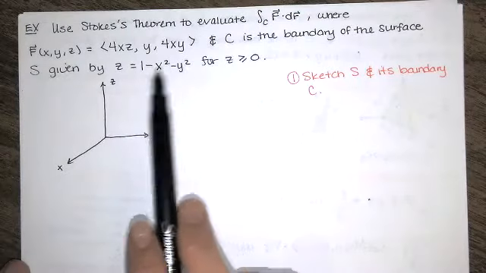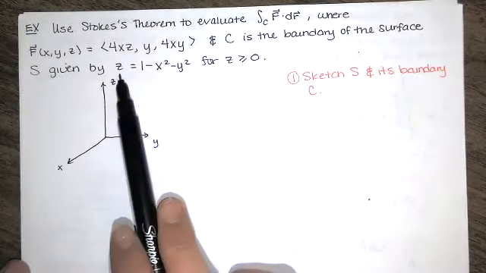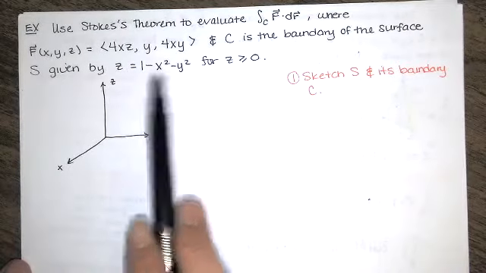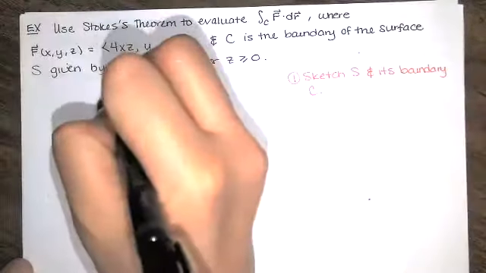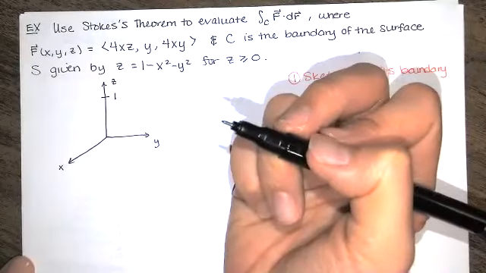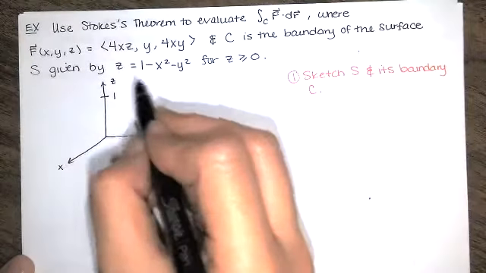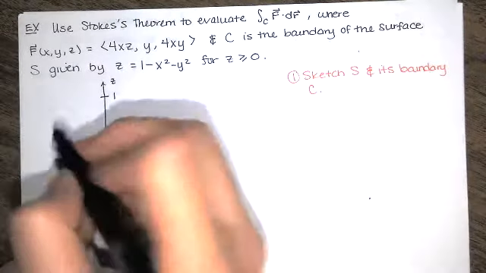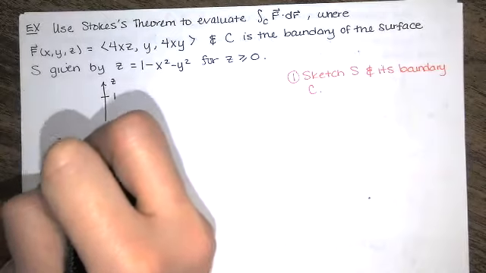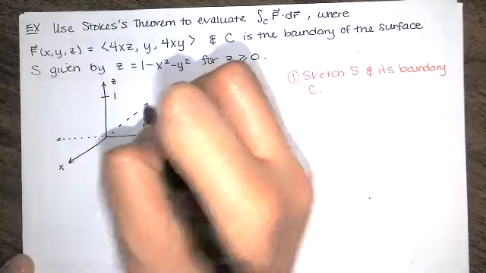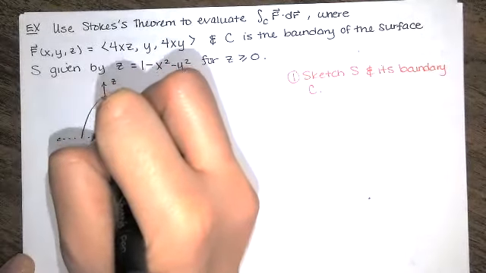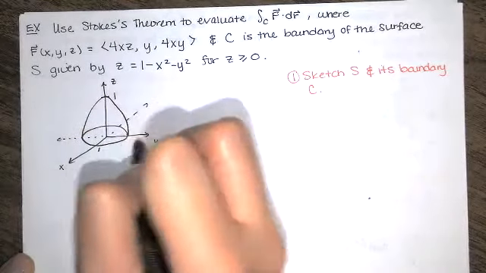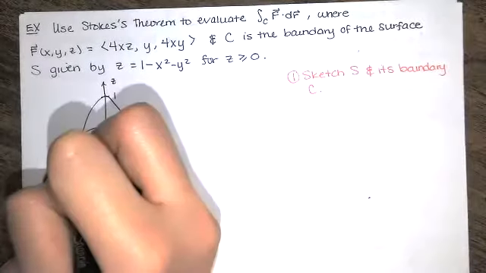X and Y are both squared, they're both negative, z's raised to the first, so this is an elliptic paraboloid facing down. When X and Y are both 0, z is 1. It's not to scale, we get that. And then when z is 0, we're in the xy plane, and we actually have x squared plus y squared equals 1, so we'll have a circle of radius 1. I'm just going to draw my typical elliptic paraboloid. But remember that that's a circle of radius 1 down there.